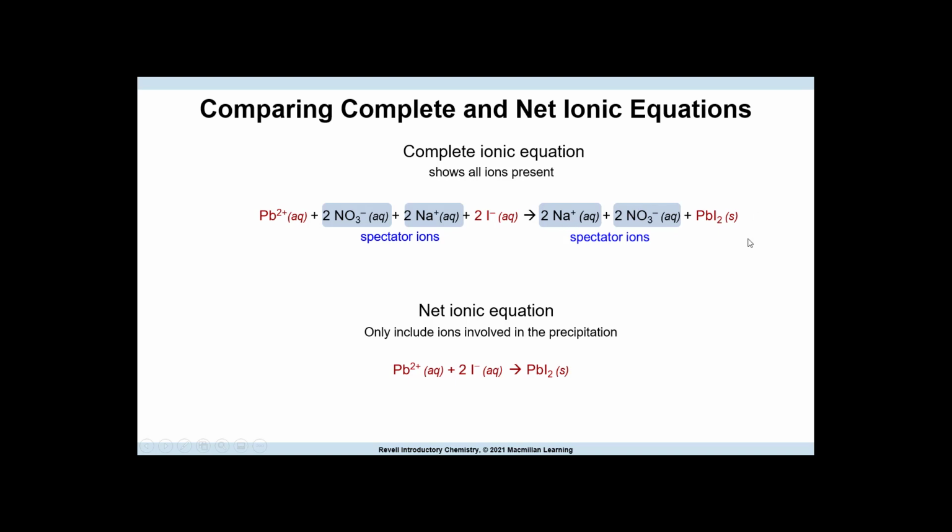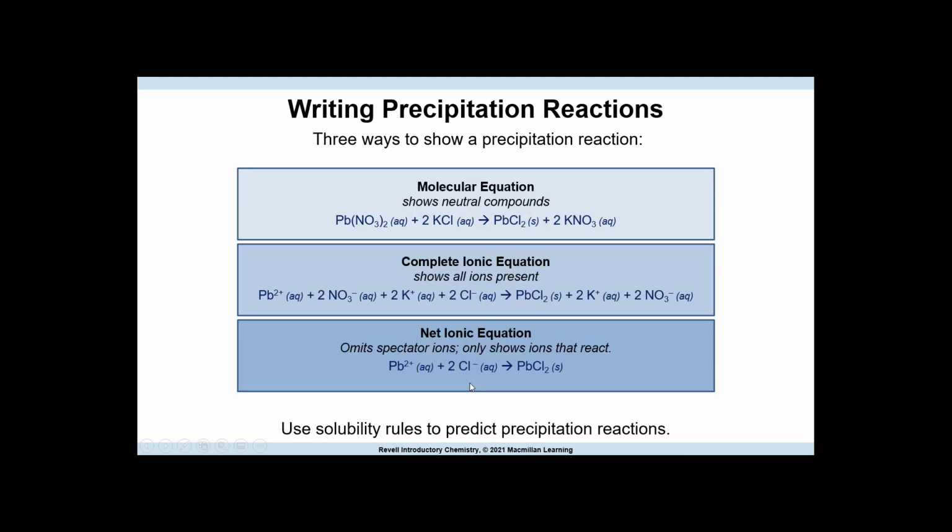Yes, you have the chemical reaction there, but that's not what I asked. I asked specifically for the net ionic, which only includes ions that are involved in precipitation. So this is where you cross this out, cross this out, and you circle the ones you can see, and those are the ones that you bring down and make into a net ionic equation. Okay, so let's summarize what we have discussed.